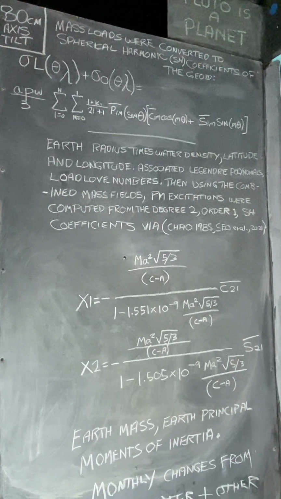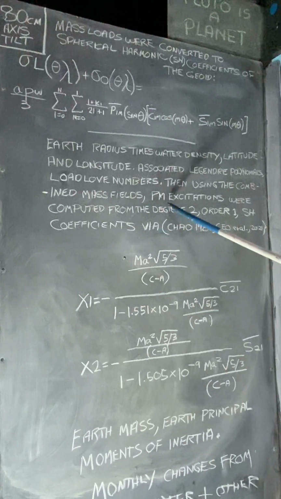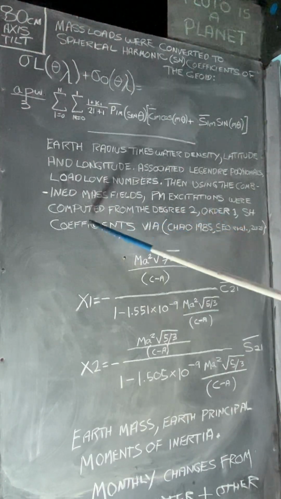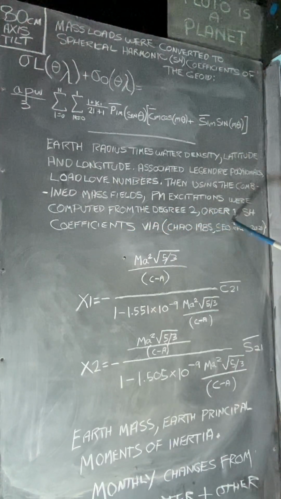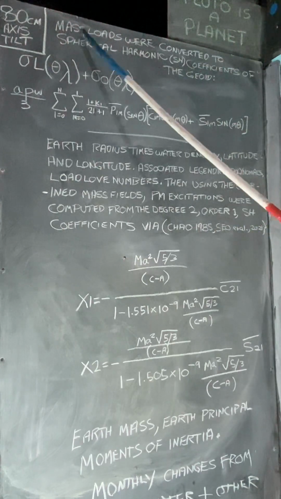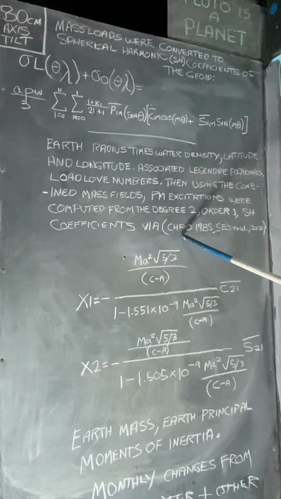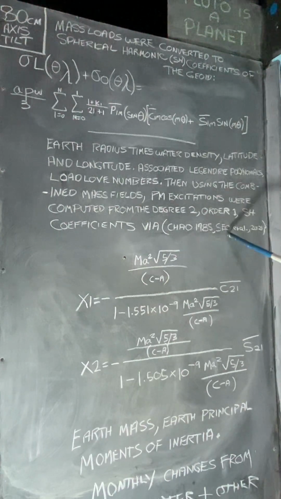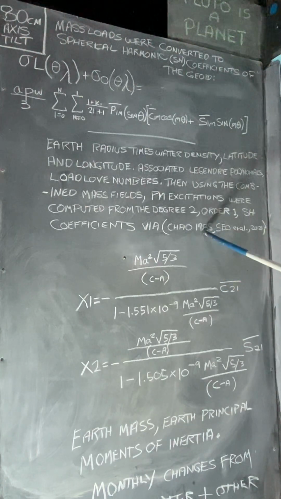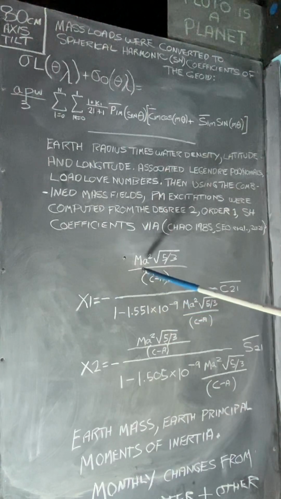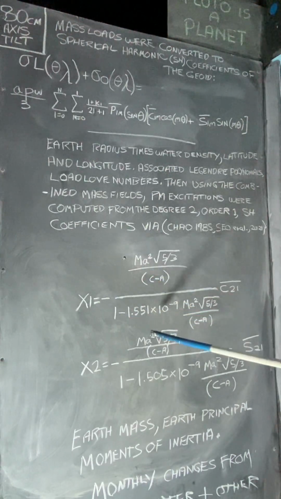then using the combined mass fields, PM excitations were computed from the degree 2 order 1 SH, which we already know is spherical harmonic, right? Coefficient via Ko 1985, Seo et al. 2021. So it'd have been chaos, shouldn't it? And then we go down to here.